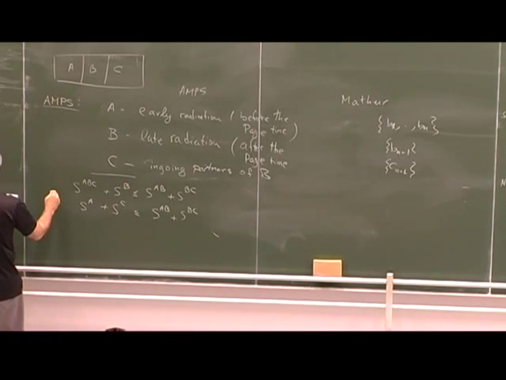And so this I called 1, this I called 2, and you go from 1 to 2 by assuming a purifier D.